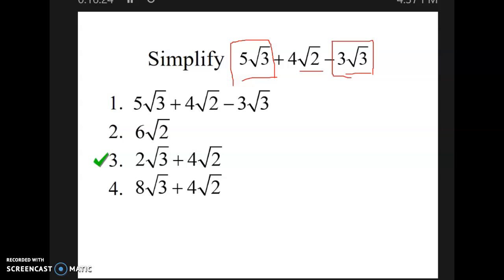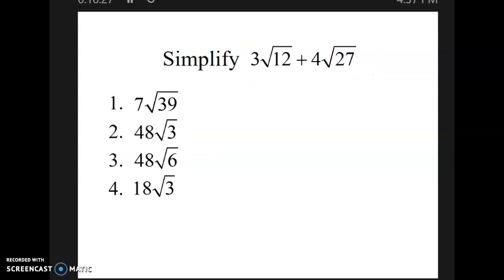All right, and then the last one to do, simplify those. There are not like radicals there, so you have to simplify them. So let's see, 3 square root of 4 times 3, plus 4 square root, and this would be 9 times 3.